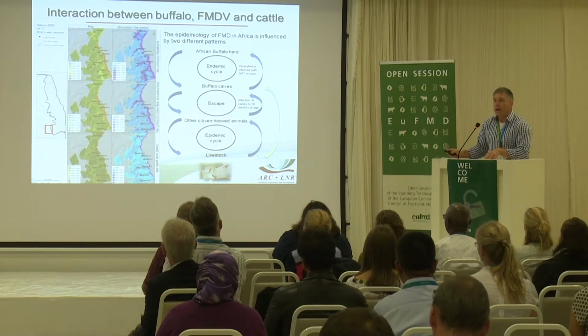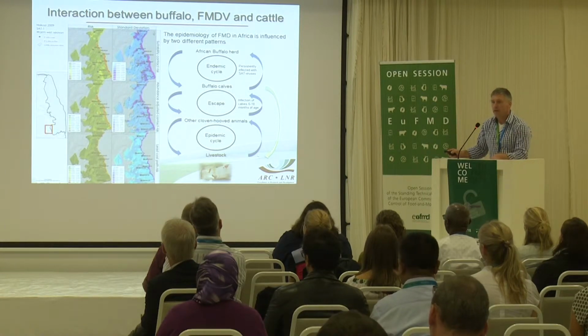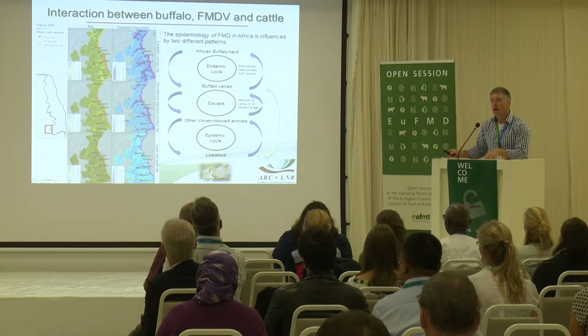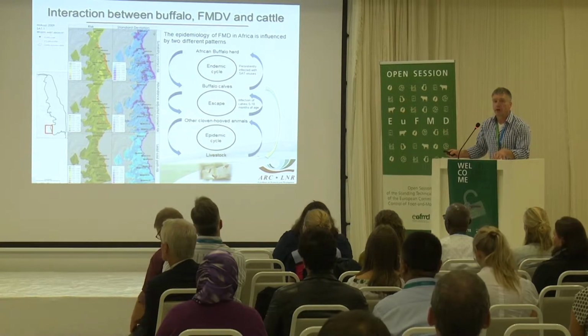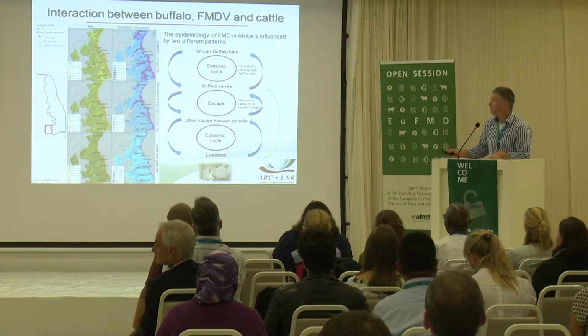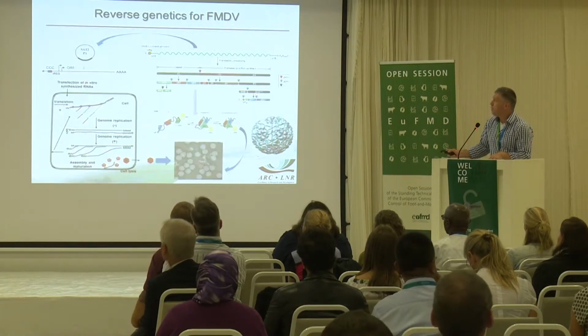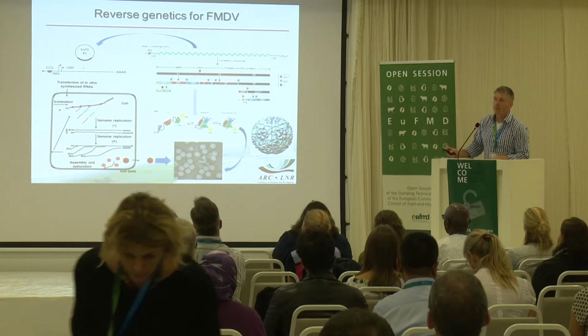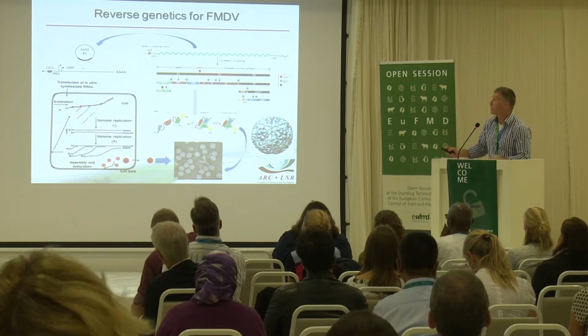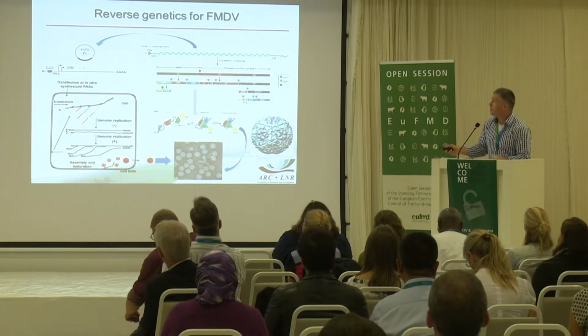Now, we have done studies, and we have presented it before, that in the Southern Africa region, when you make vaccines from a geographical region, it may not protect against viruses from another geographical region. So our approach to improve vaccination is to make use of reverse genetics.